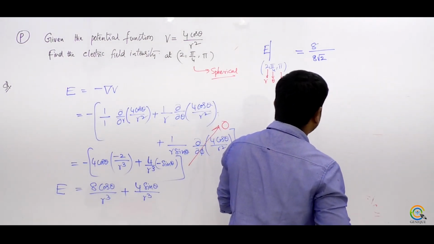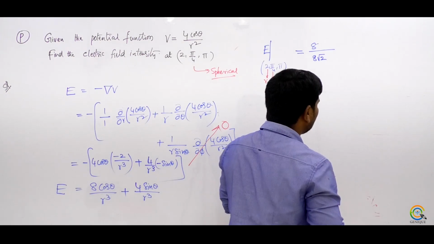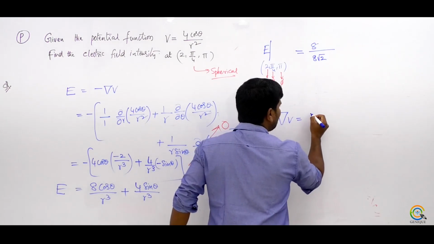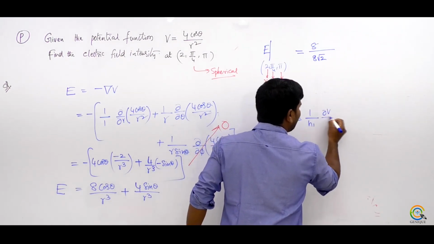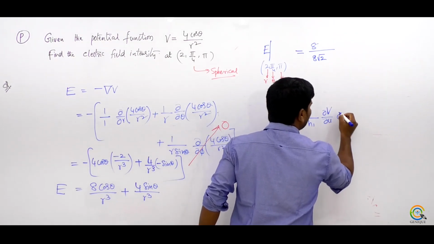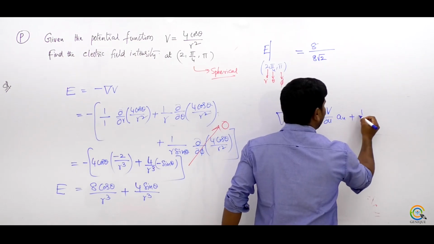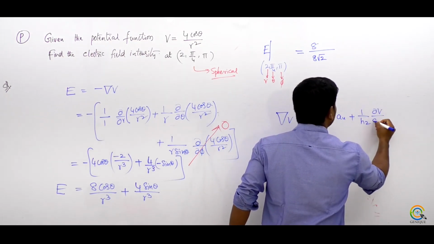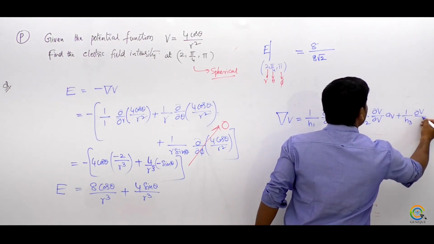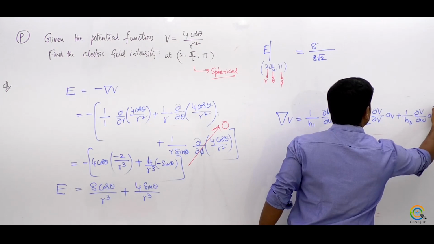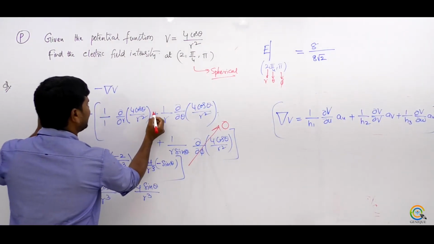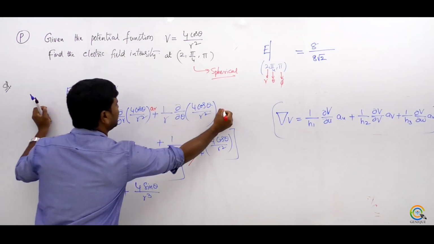The expression was grad V is equal to 1 by h1 ∂V by ∂u a_u, plus 1 by h2 ∂V by ∂v a_v, plus 1 divided by h3 ∂V by ∂w a_w. So this is the expression, right? So I have to write the unit vectors also.